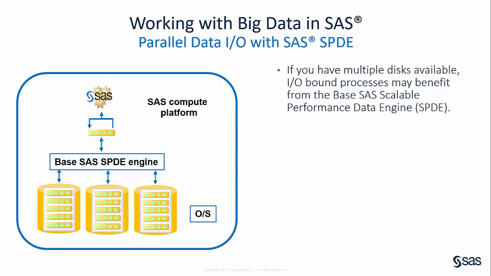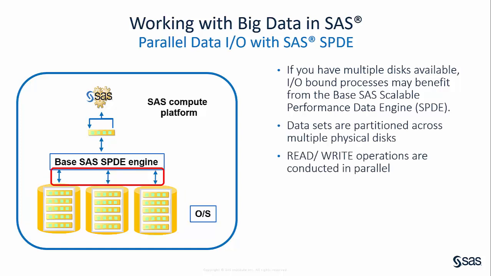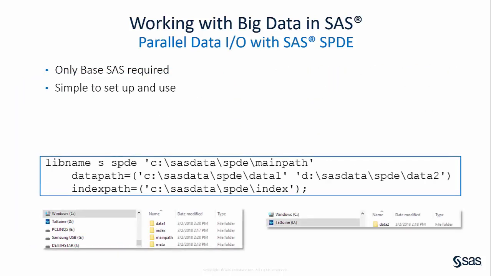But if you have multiple disks on your system, then you can spread your data physically across those disks, and when you call for the data set to be read in, it can be read in parallel, resulting in a significantly reduced time to move the data physically to and from the disk. Only Base SAS is required, and it's really not that difficult to set this up and use it.